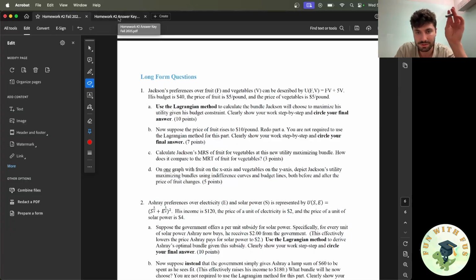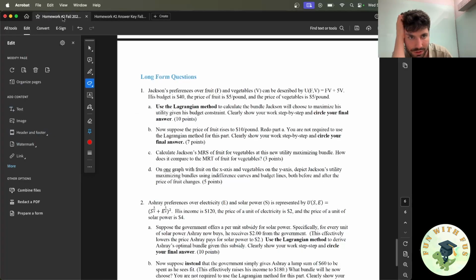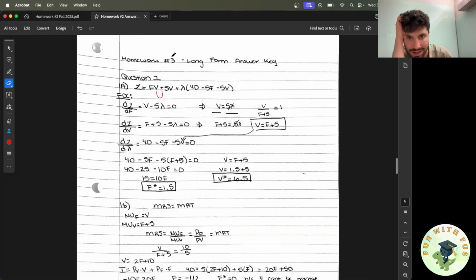This first problem asks us to use the Lagrangian method to calculate the bundle. The first step is, this is our utility function right here. I found the utility function in the problem, plug that in. And it's always going to be utility function plus lambda.